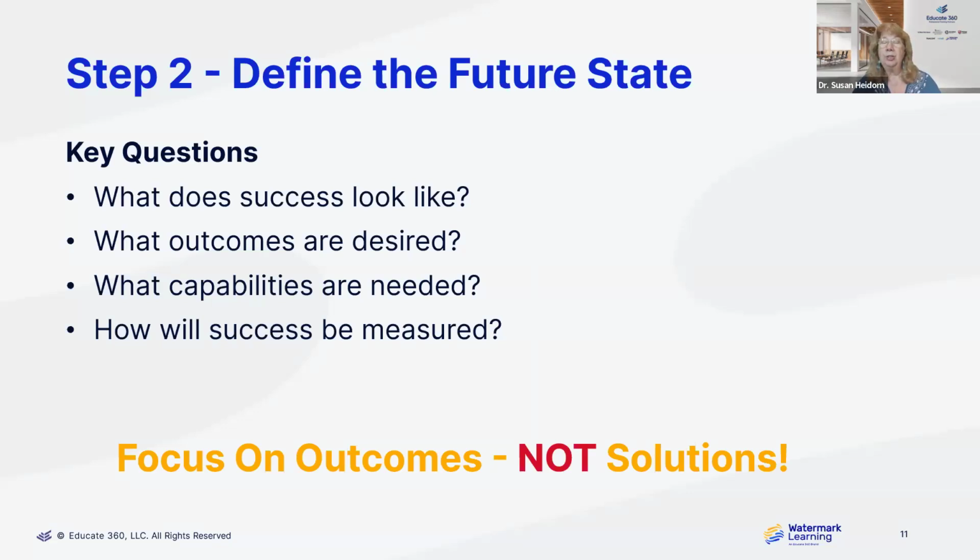So what we want to do in future state is not just map out the new process or the new technology. It's really first identifying what the outcomes are. Is it reduced customer wait times? Improved data accuracy? Reduced processing cost? Outcomes are not solutions.